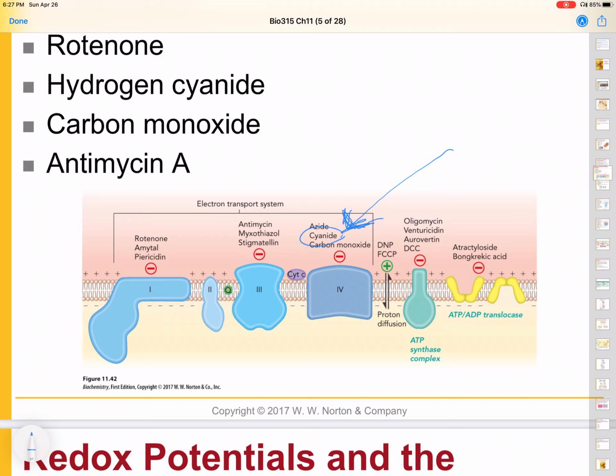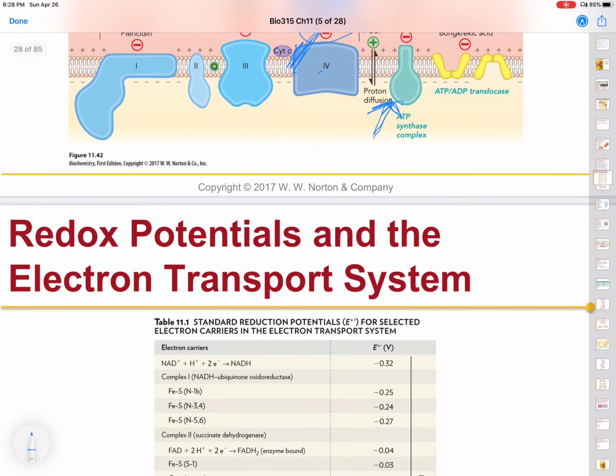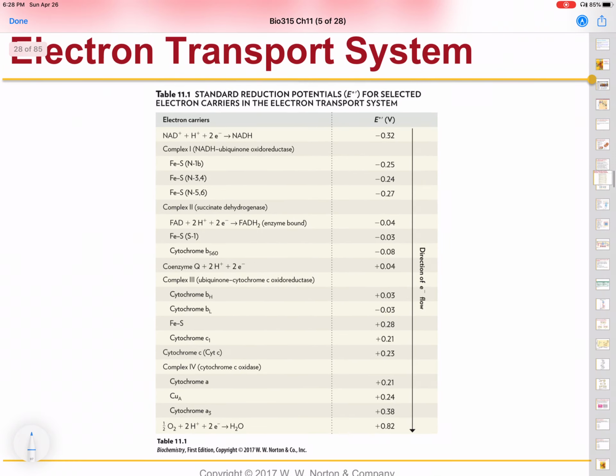So things like cyanide and carbon monoxide block the transfer of cytochrome C to complex 4. Oligomycin blocks ATP synthase, which shuts everything down. So a lot of these poisons permanently block these systems in the electron transport chain and cause, obviously, problems with the ability to process energy.